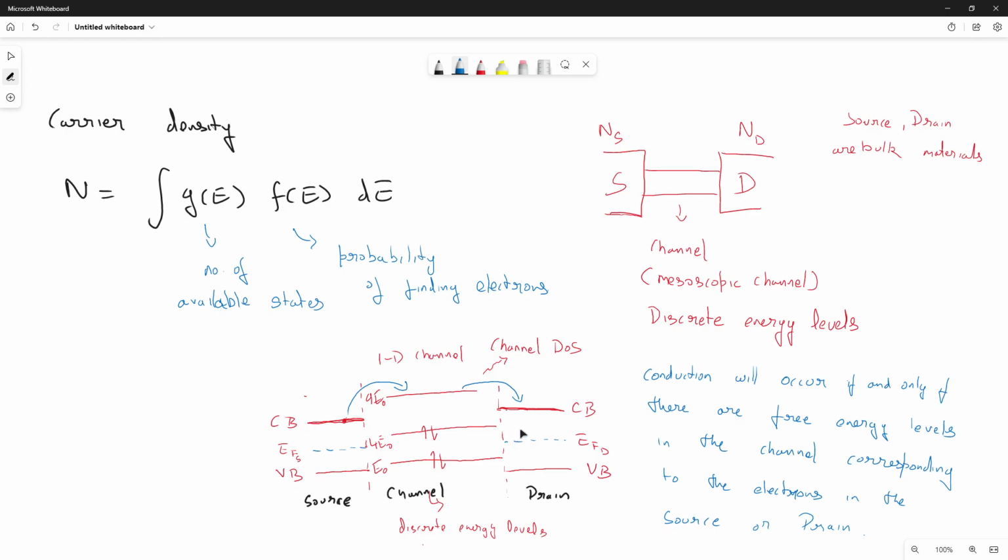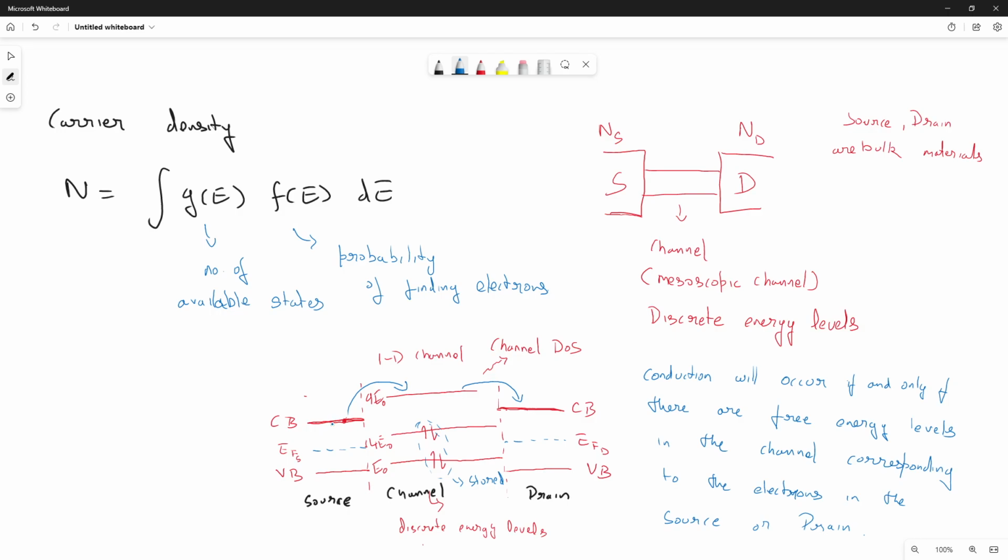At this point there are no drain energy levels. At this point there are no source energy levels. So these four electrons cannot move. They are stuck here. They will be in the channel only. So in a sense, these four electrons are stored electrons. They cannot move.